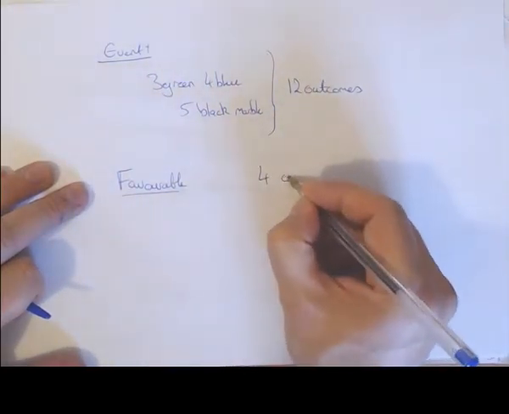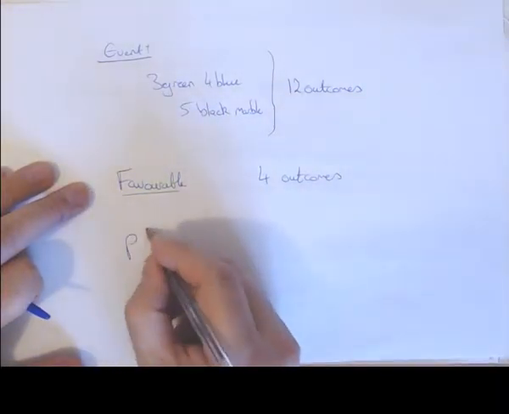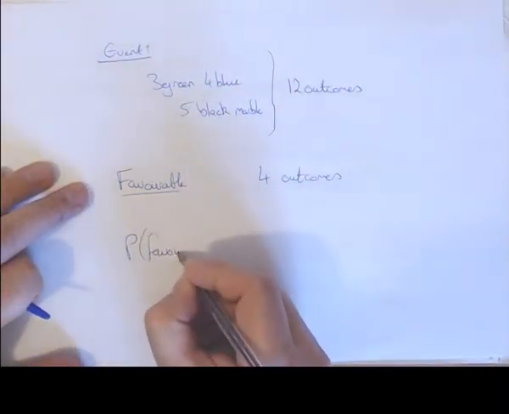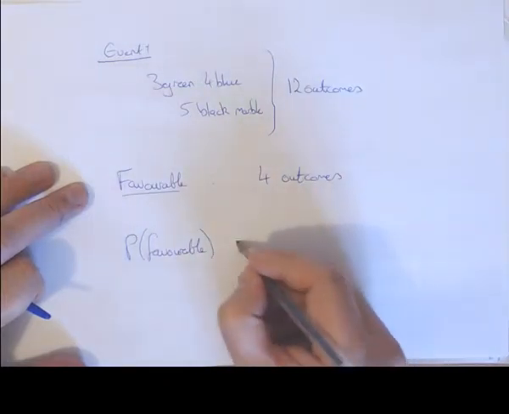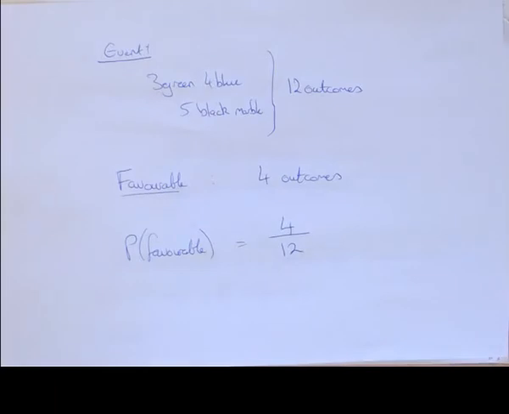That's 4 outcomes. So our probability of a favourable outcome, meaning we win, is 4 out of 12. So if out of every 12 times that we play this event, we figure about 4 of them will be in our favour, that we'll pick a blue. Okay, that's an approximate sort of thing.